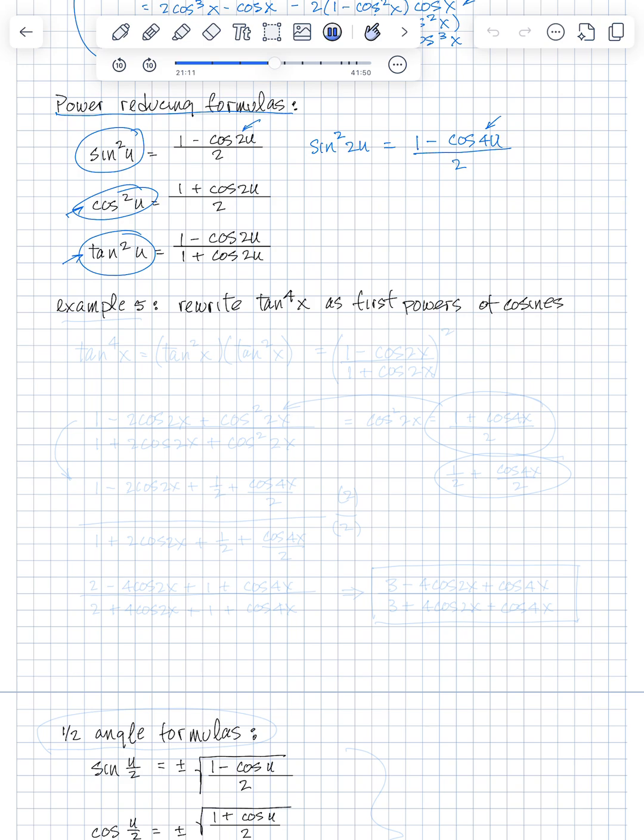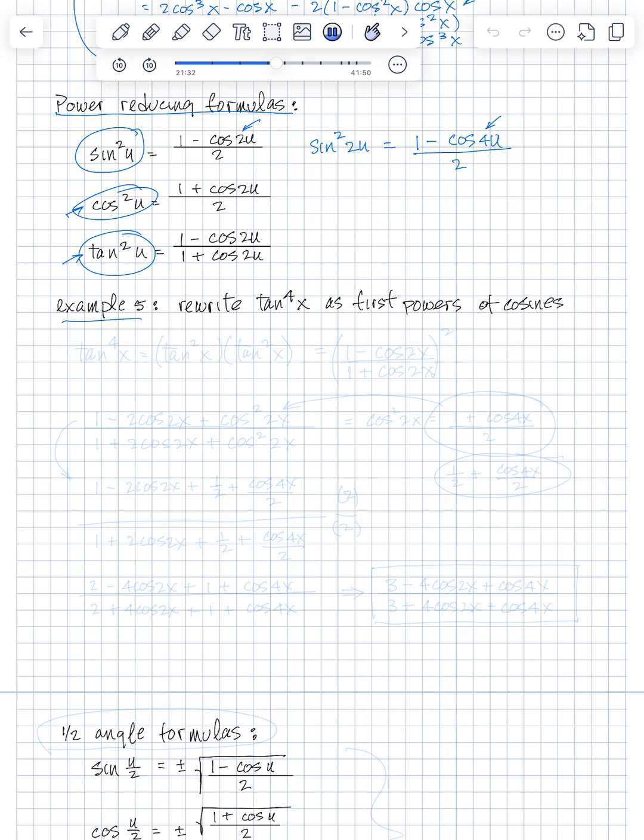Okay, let's do an example. Let's look at example 5. We're going to rewrite tangent to the fourth x as first powers of cosines. What that means is we don't want a cosine squared or cosine cubed or anything. We just want a cosine to the first power.